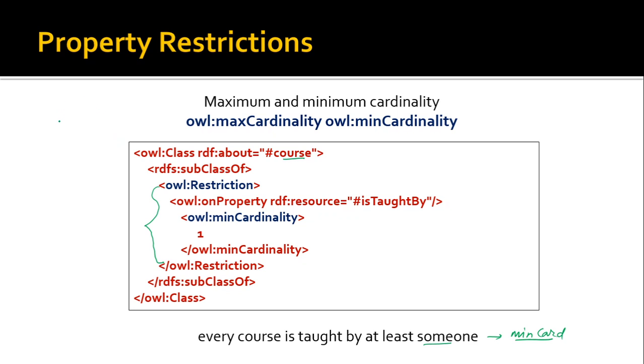So basically, if you have say x1 taught by someone, it can be anyone, a person, then this x1 will be included in this particular set. But if you have x2 which does not have any is taught by relation going out from here, then x2 will not be included in this particular class, right?